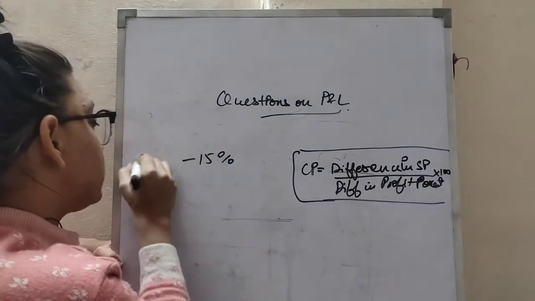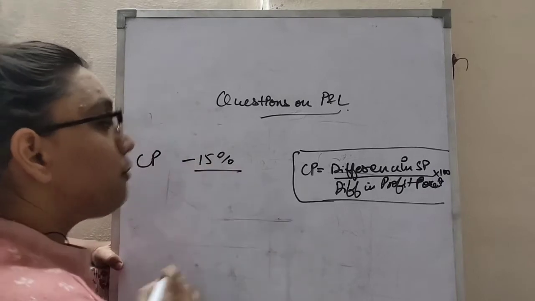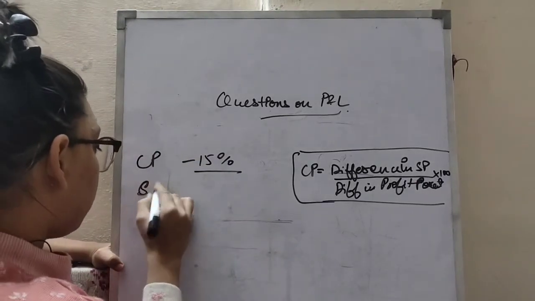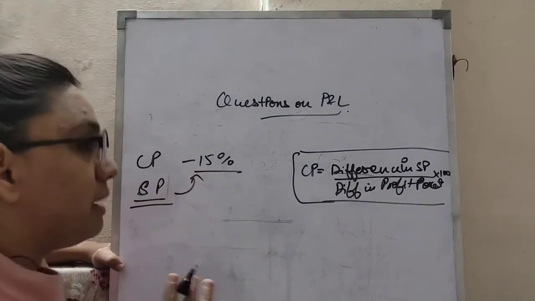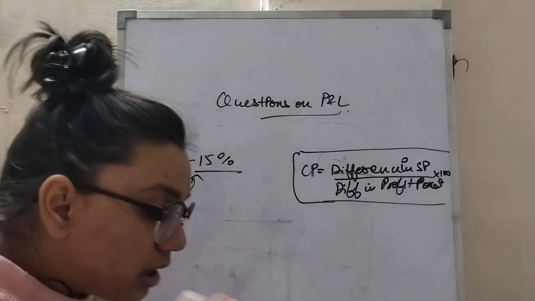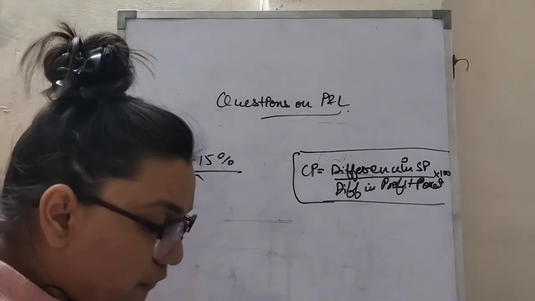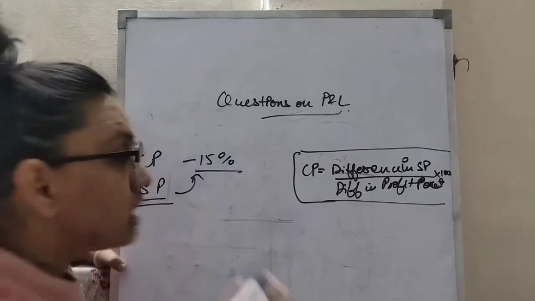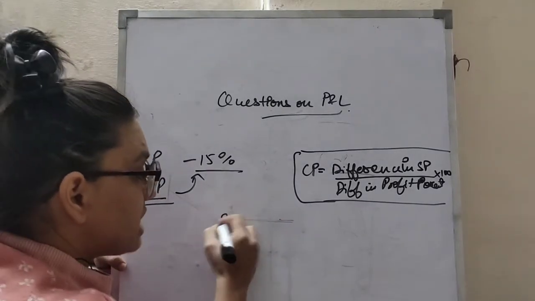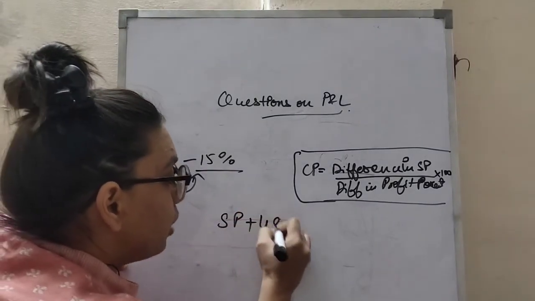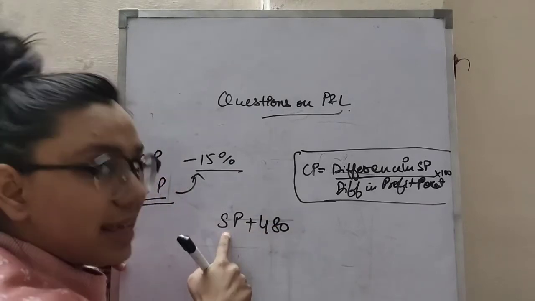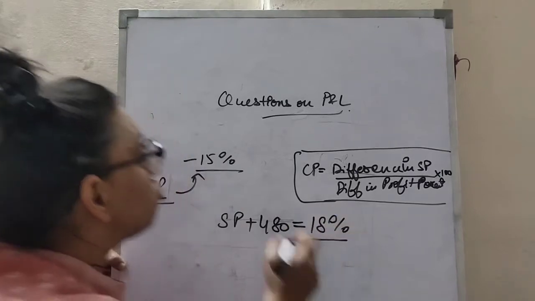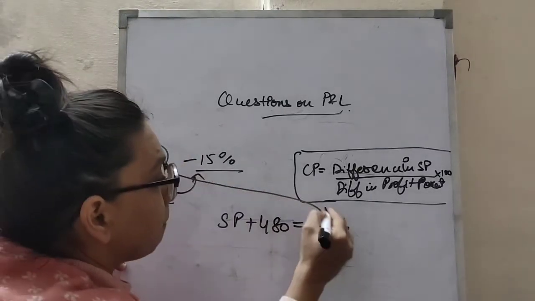He received a profit of 15% at the price he sold. Now, if he had sold it for 480 more, that is, if we add 480 to the old SP, we will receive a profit of 18% on the CP.